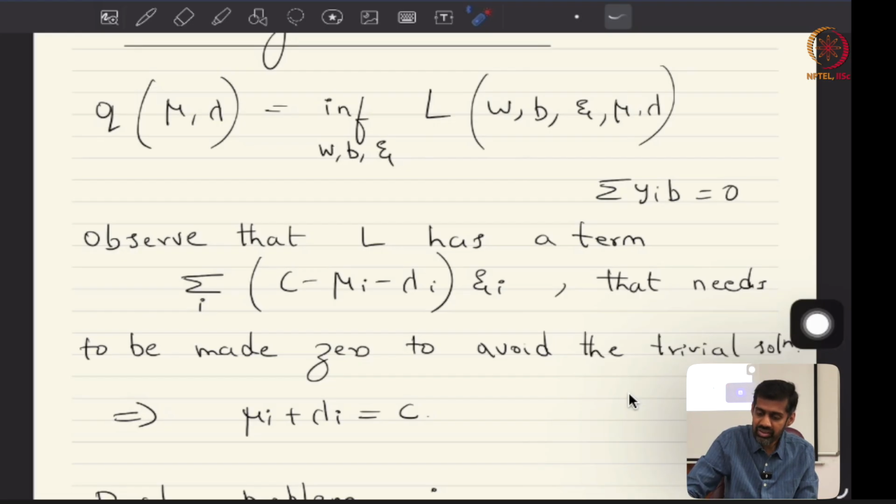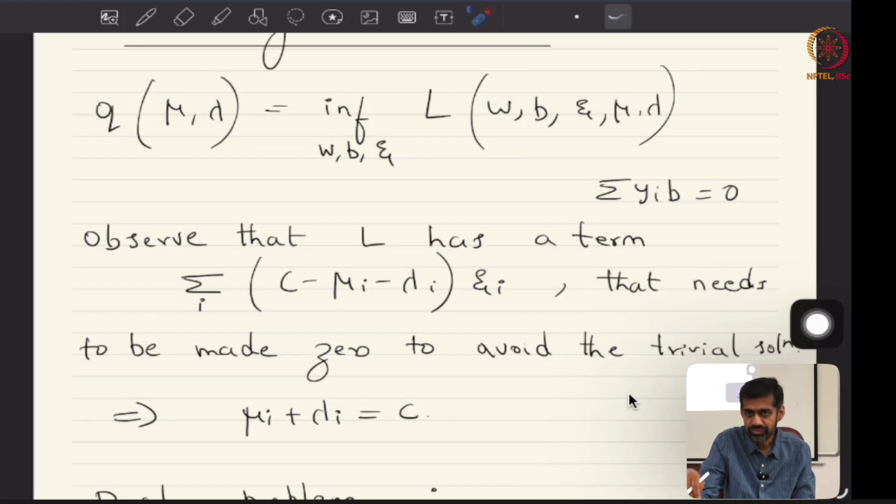Now, this xi can be made to take the value of minus infinity, and the dual function can take minus infinity. We do not want that. Therefore, you drive this term to 0. Because you drive that term to 0, this entire Lagrangian now becomes independent of xi. That is how the dual function is still the exact same form as that of the dual function in the non-slack case, because you are completely removing the dependence on xi here.